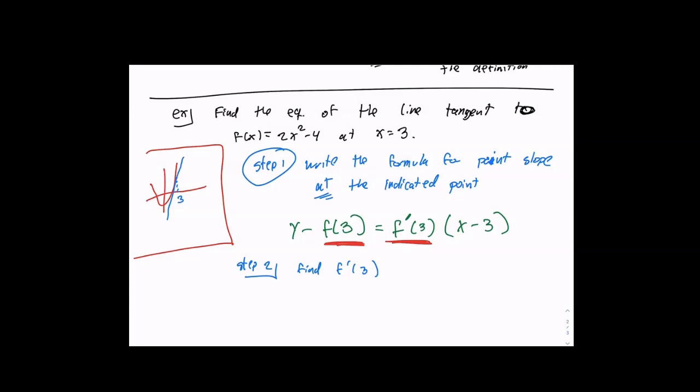What we learn in one lesson, and that lesson could even be over multiple days, becomes just one step in a future problem. So I want to find f prime of 3, and f prime of 3 is equal to the limit as h approaches 0 of f of 3 plus h minus f of 3 all over h.